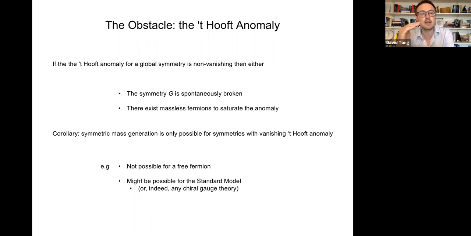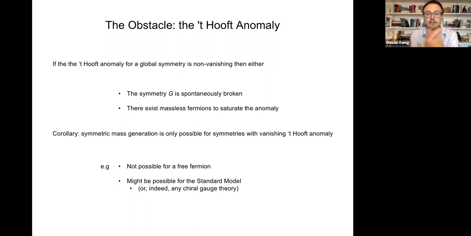All right, what does that mean for us? Remember, we want to take a bunch of fermions transforming chirally under some symmetry and compute the 't Hooft anomaly for that symmetry. If the 't Hooft anomaly is non-vanishing, there's no possible way you can give those chiral fermions a mass while preserving the symmetry, because if you look below the mass scale, there's nothing to pick up the anomaly.